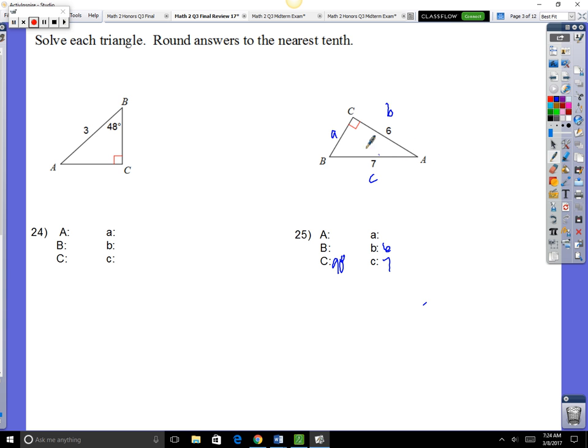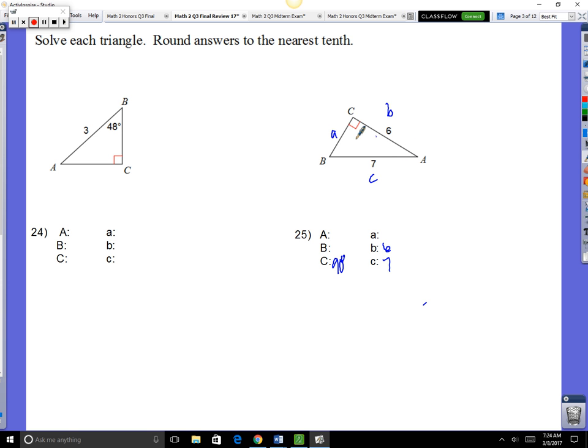So, in a triangle, if they give me 2 of the 3 sides of a 90 triangle, I'm going to just Pythagorean theorem. So, the hypotenuse is this guy. So I'm going to go a squared plus b squared, I'm going to put 6, equals c squared, that's 7. So now clean up my squares.